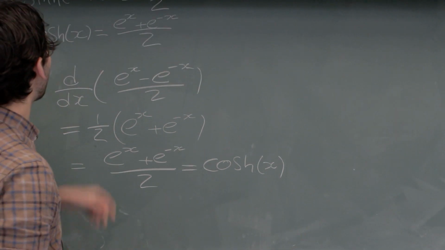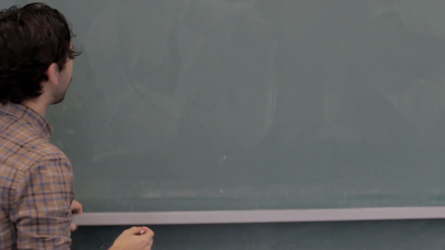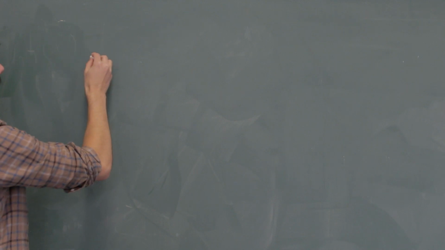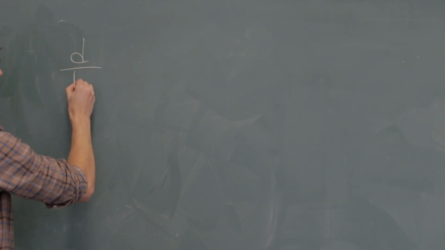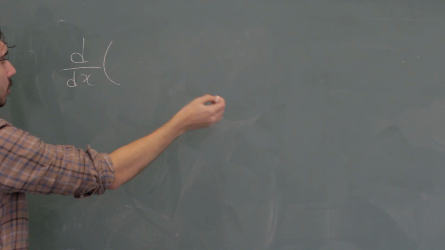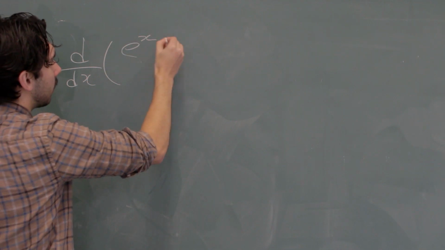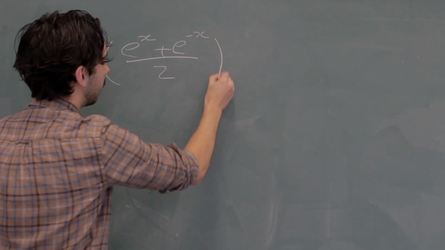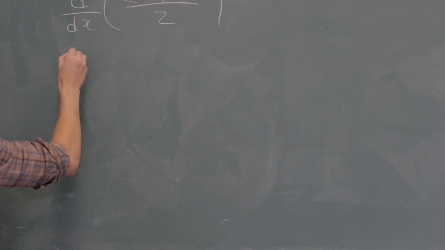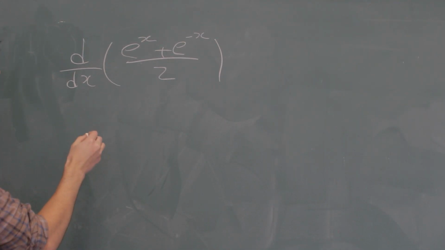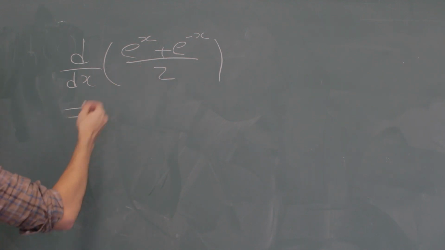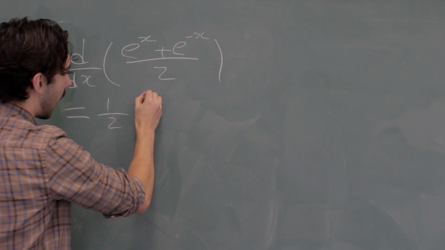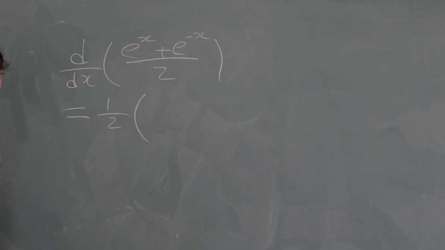Okay, now let's try it with cosh. So cosh x, let's try and differentiate that. Cosh is e to the x plus e to the minus x divided by 2. Again, factor the half out, so we've got a half, and then we differentiate e to the x plus e to the minus x.